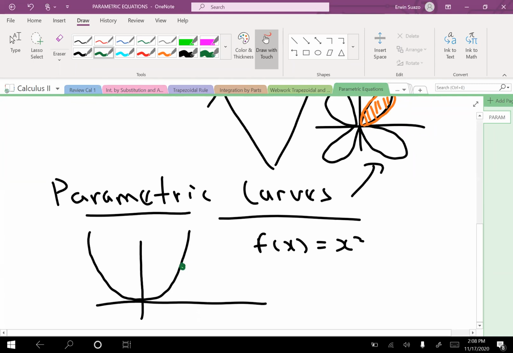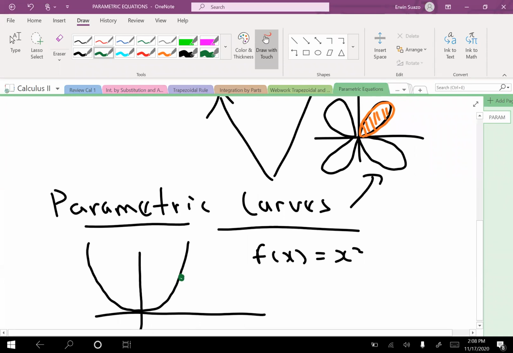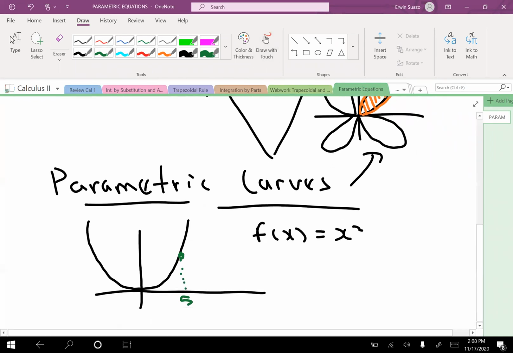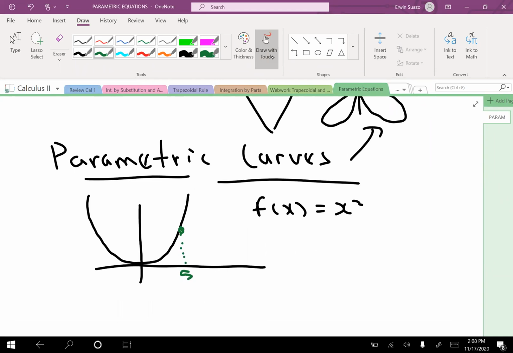Let's say the point's x coordinate is 5. What are the two coordinates of this point? So you guys tell me. If I choose this point, what is the coordinate of that point? 5, 25. Correct. So in general, you have x, f of x.